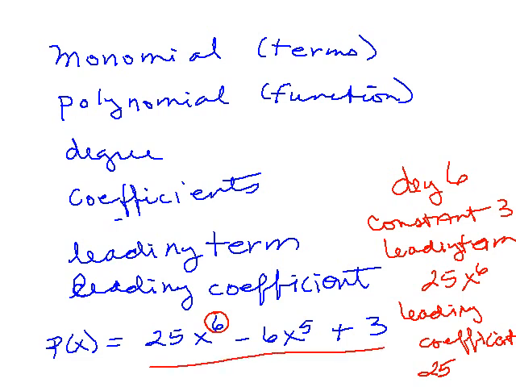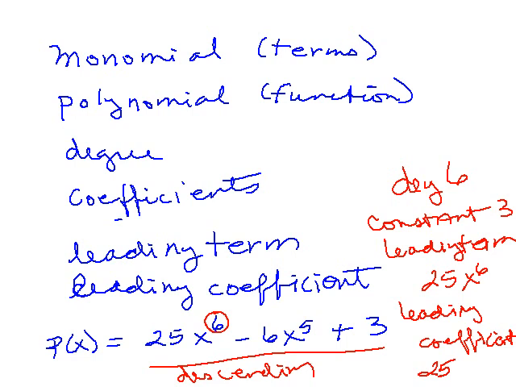It's important to write the polynomial in some kind of organized fashion, and you usually write them either in ascending order or descending order. This is descending order because I wrote the term with the highest exponent first, x to the 6th. Then I wrote the term with the next highest, x to the 5th, and then I go down, and of course a constant, which is essentially multiplying x to the 0, is written last.